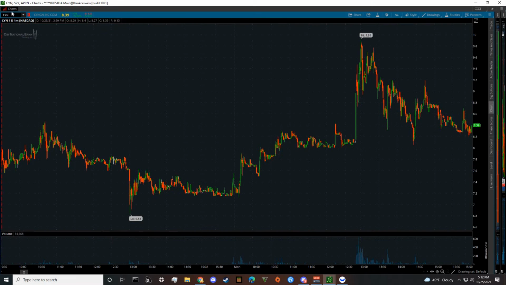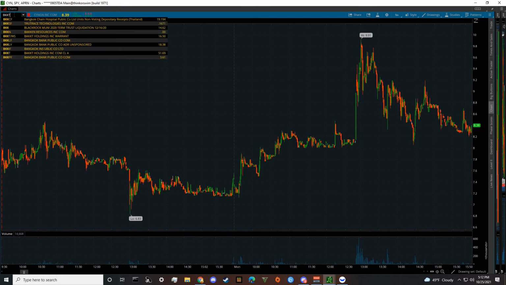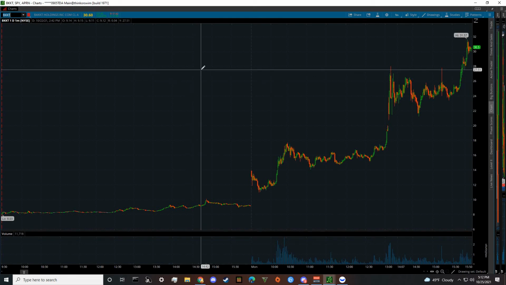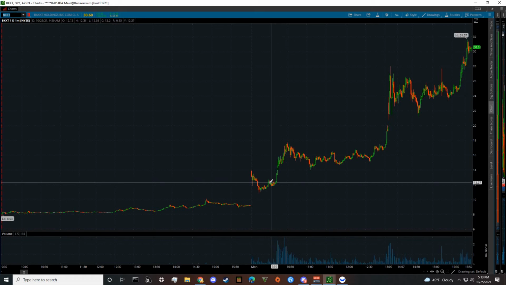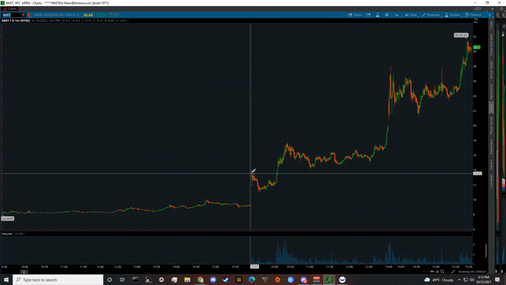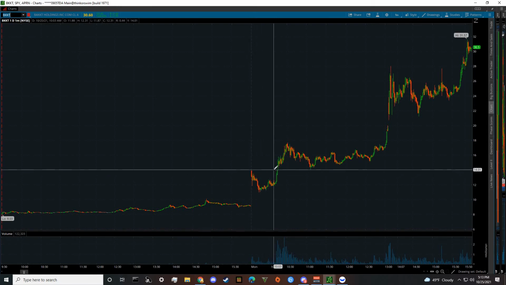Here we have BKKT. And you can see here, in the morning, right? 30 minutes after the market open, 10 a.m. is when I posted those tickers.